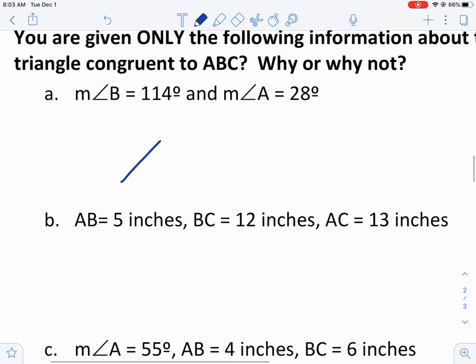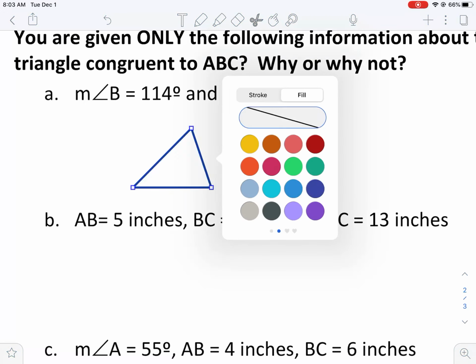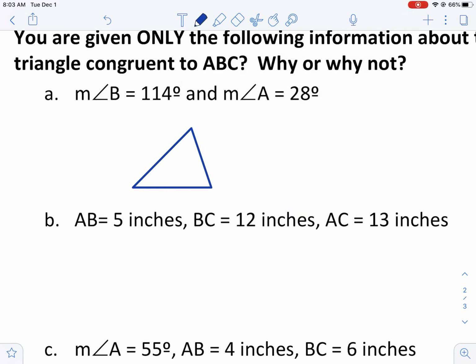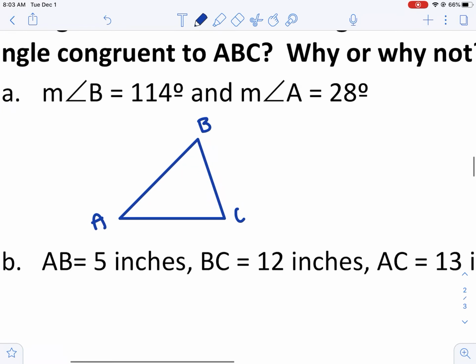So, I've got my triangle ABC. I always suggest drawing a picture. Okay, and let's go A, B, and C. I know that B is 114 degrees.